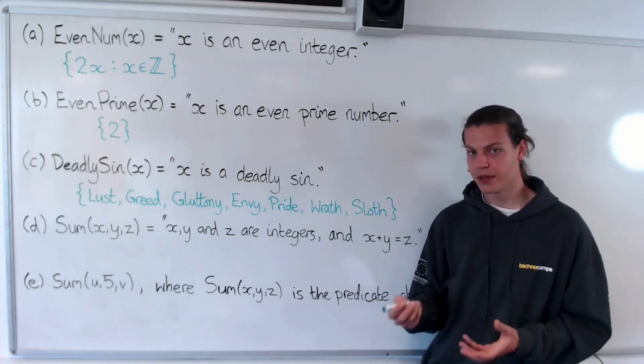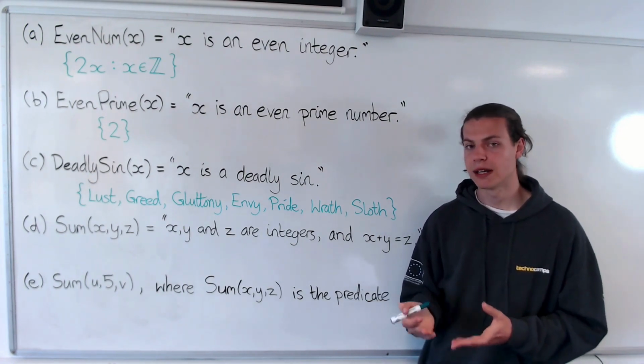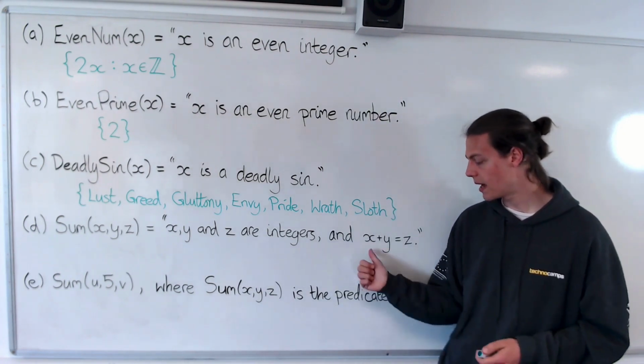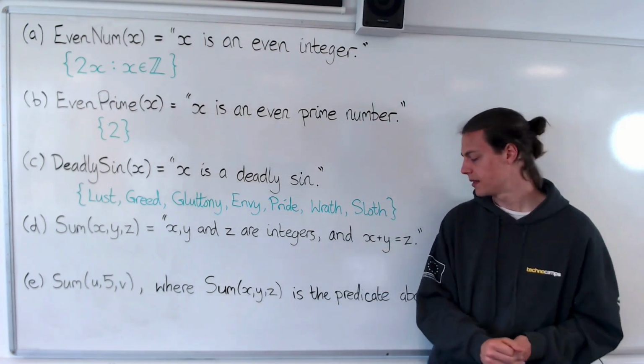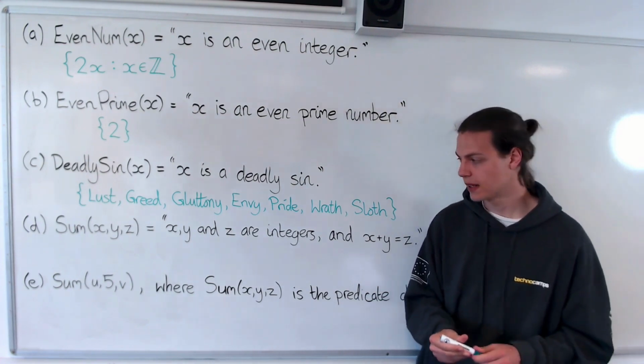Each element of the truth set will be some triple x, y, z, such that x, y, and z are all integers and they satisfy this property. So we can write that out like this.